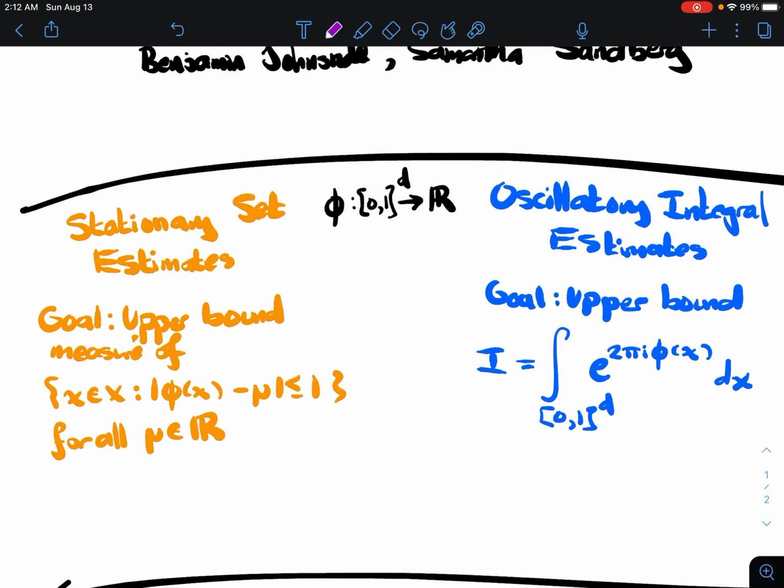Now, these problems have been seen as linked for quite a long time. For instance, if you can obtain oscillatory integral estimates, there are methods which enable you to convert those estimates into stationary set estimates. One such result is the Berry-Esseen theorem. It takes any upper bound for some oscillatory integral estimates and converts those into stationary set bounds.